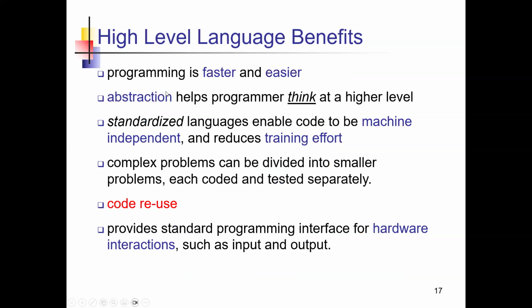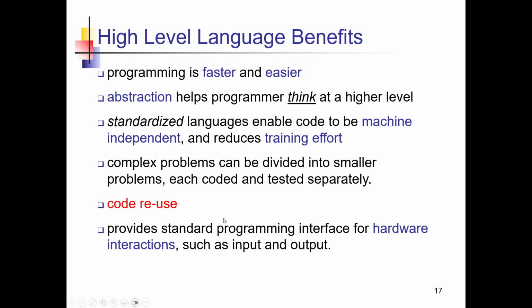So as we said, programming is faster and easier. That's the high-level language benefits. Almost everything is in English. Also, abstraction helps programmers think at a higher level. The concept of abstraction is that we don't care about the detail, just the more abstract level. Then also, a standardized language enables code to be machine independent and reduces training effort.